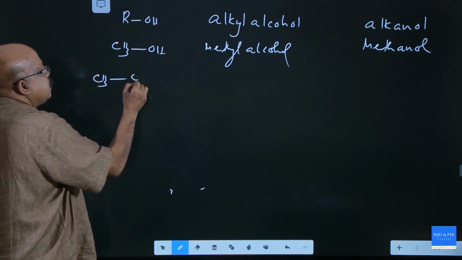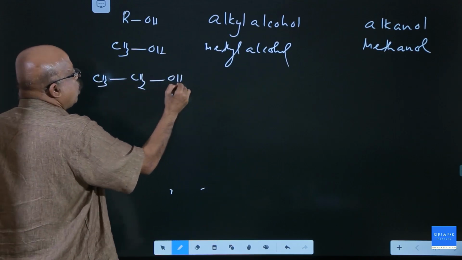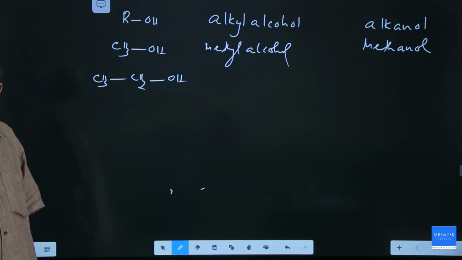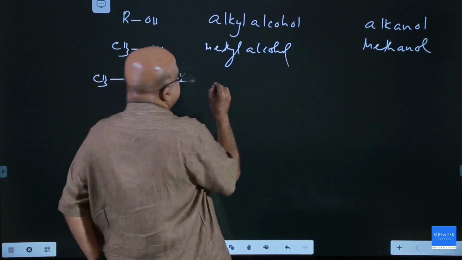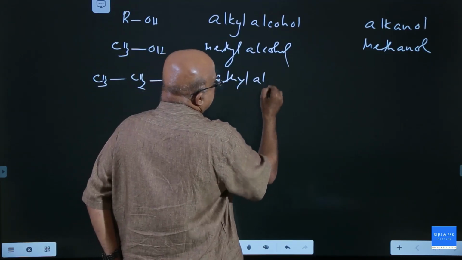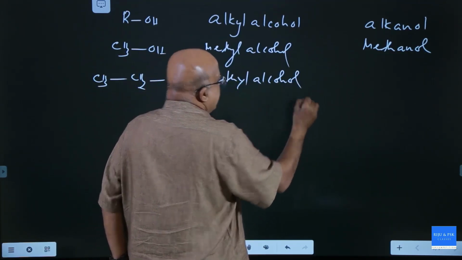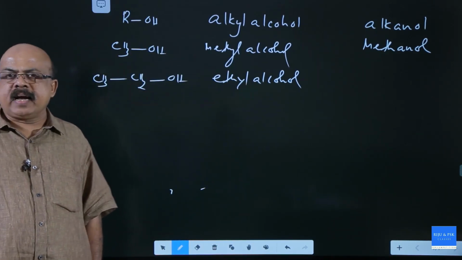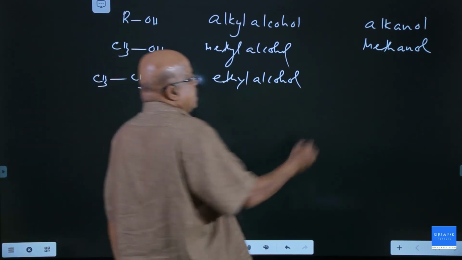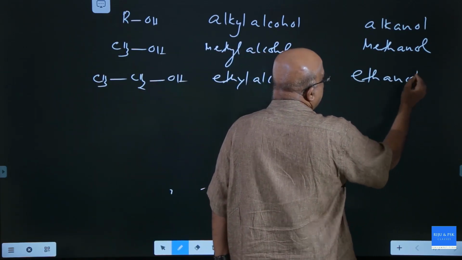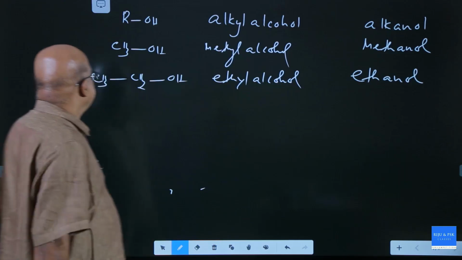CH3CH2OH, or it is C2H5OH. Here the alkyl group is ethyl. Common name is ethyl alcohol. 2 carbon containing alkane ethane. IUPAC name is ethanol.